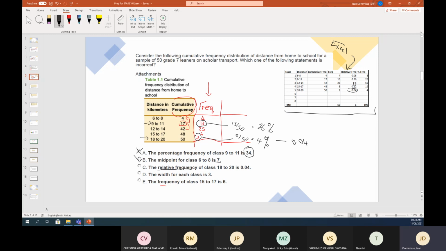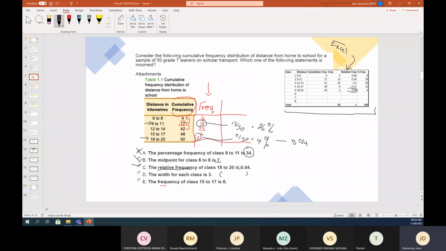This one I'll also build for you, so that we can get something like that if it is in the exam. The width of each class, how do we do that? I think this is sometimes a catch, because what we want to say is 20 minus 18, and that gives us 2.